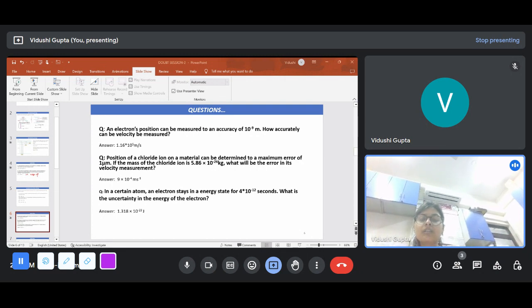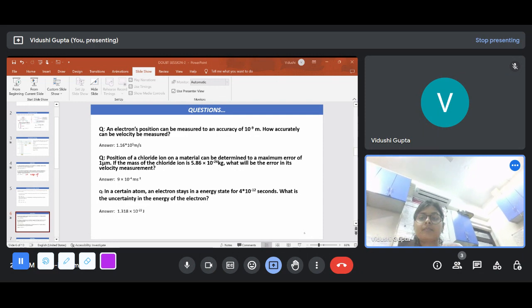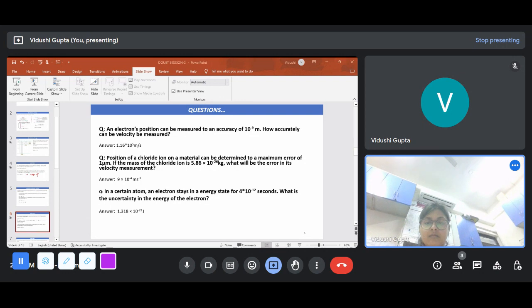So what will be the answer after solving this? It will be 0.363. So I'll first erase this.